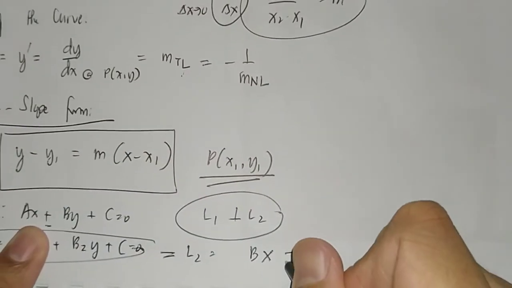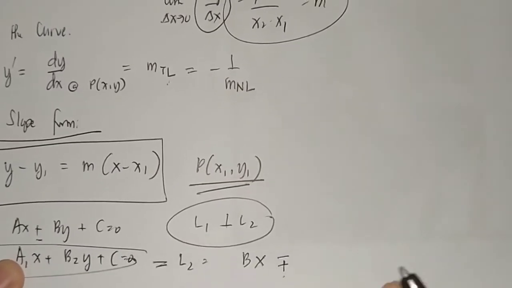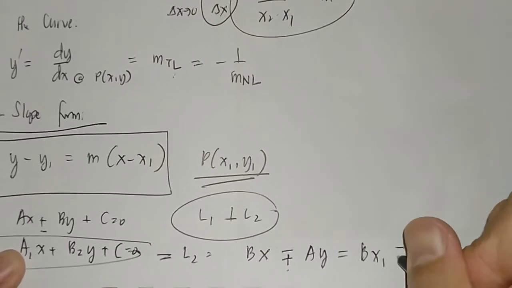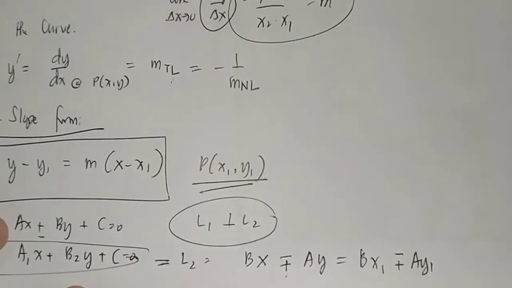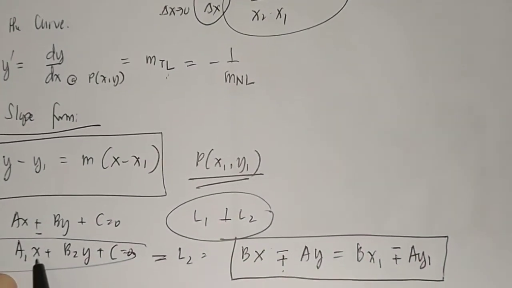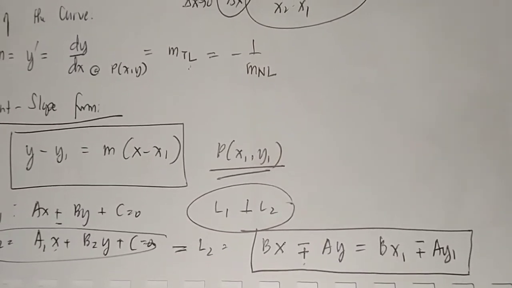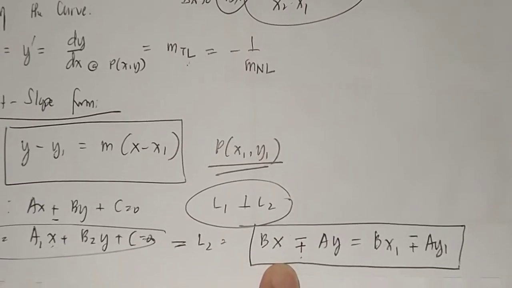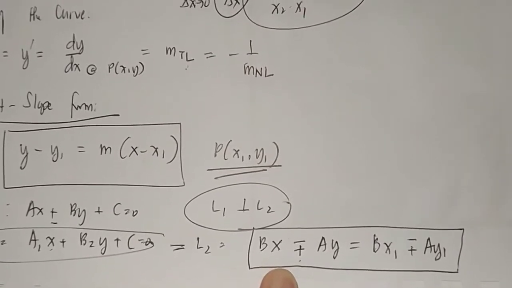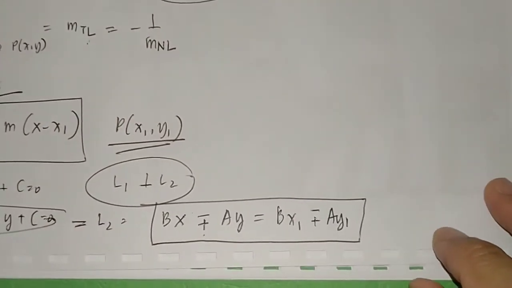If that's plus, that's minus. If that's minus, that's plus. So that must be the equation of line 2. If we got the tangent line, this must be the formula in finding the equation of the normal line. We will try to show that later so we can see the relationship.